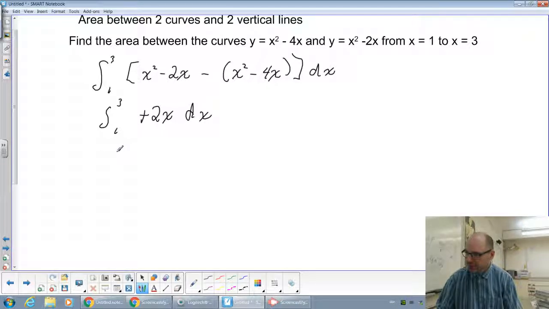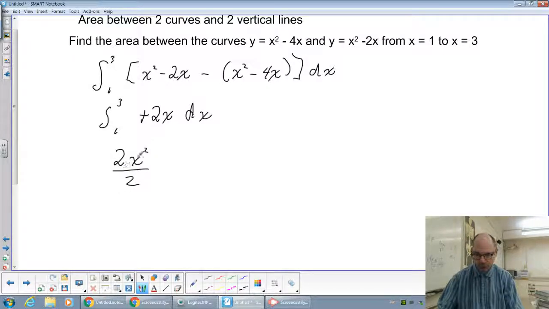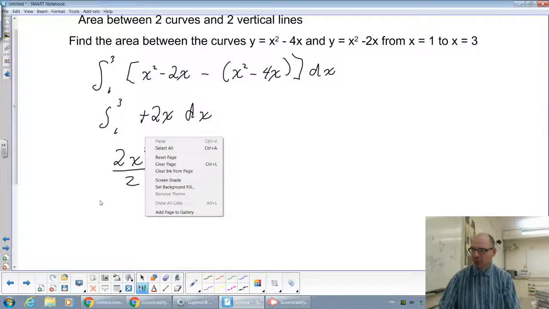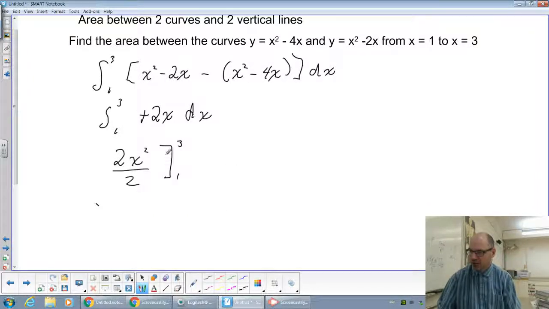That's 2x squared divided by 2, and then that is from 3 to 1. Oops, sorry. Okay, and then we can simplify it a little bit.